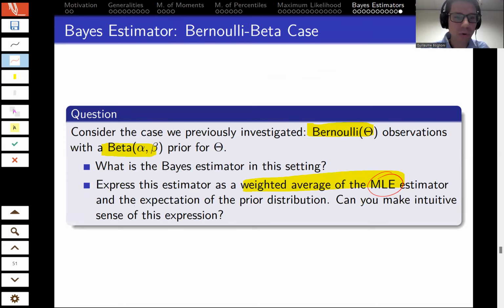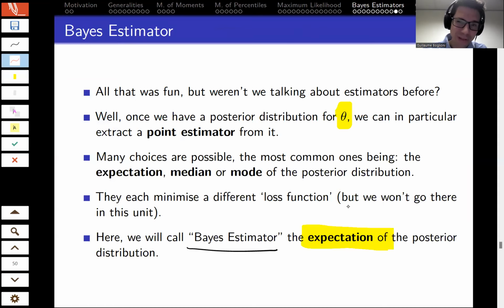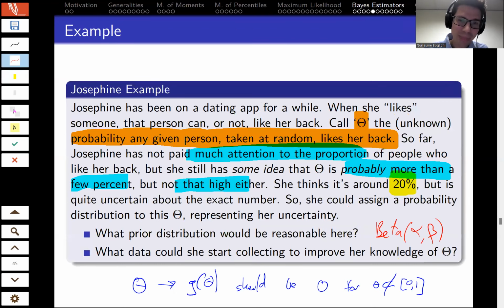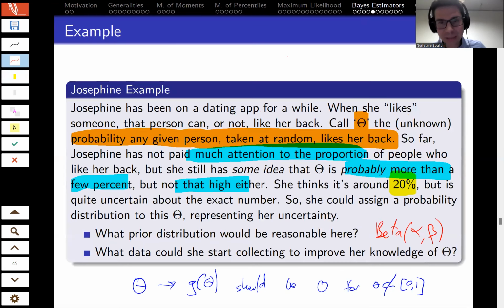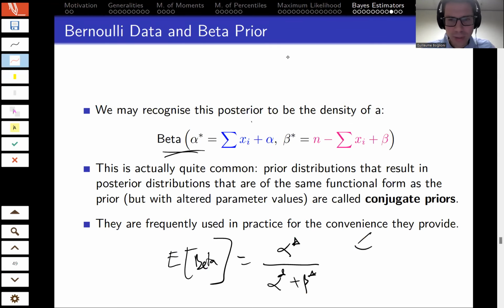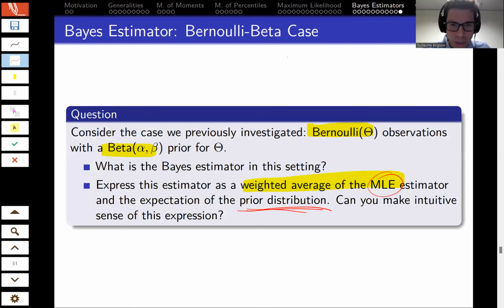That's the MLE estimator, and the other piece is the expectation of the prior distribution, because of course, before collecting any data, you had some idea of where theta was. Your prior distribution said, maybe in the example of Josephine, 20%, but that was your expectation of the prior distribution, what you thought theta was before observing any data.